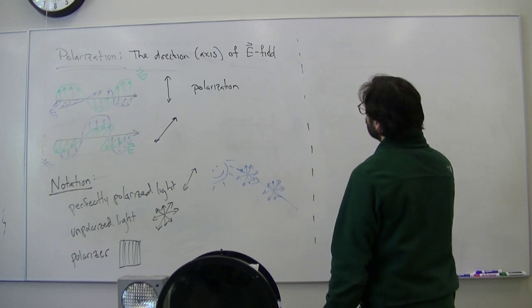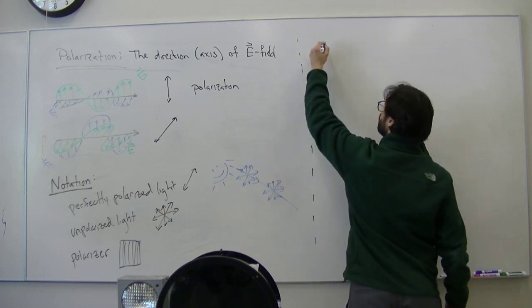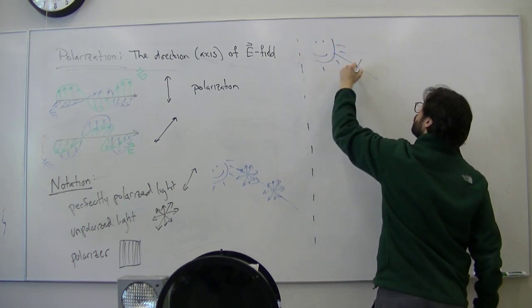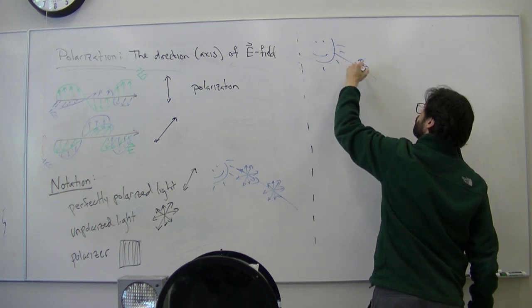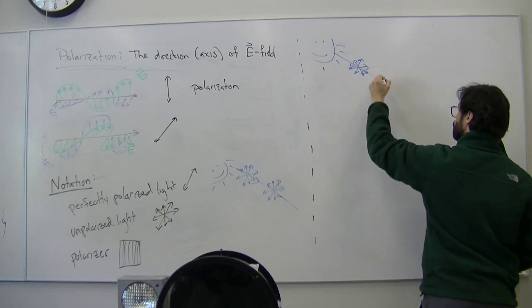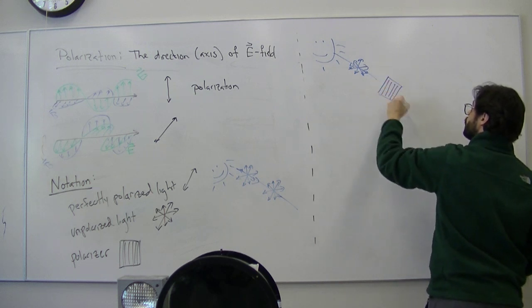And now what we can do with our sunlight is we can polarize it and then polarize it again. So sun produces totally unpolarized light. And now what I can do is I can put a polarizer in front of it, and we'll just polarize it in this direction.